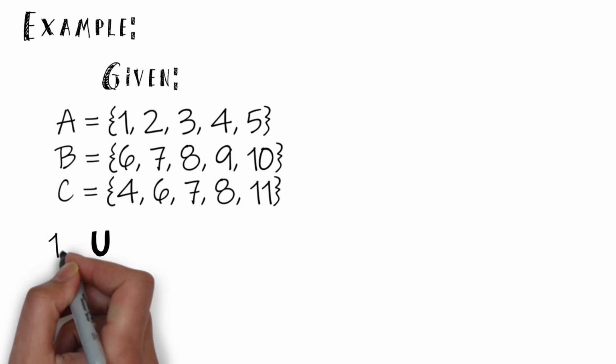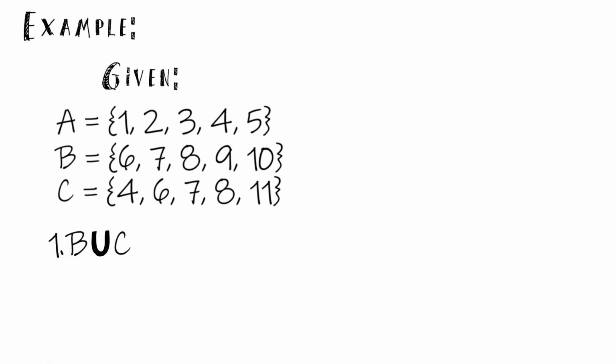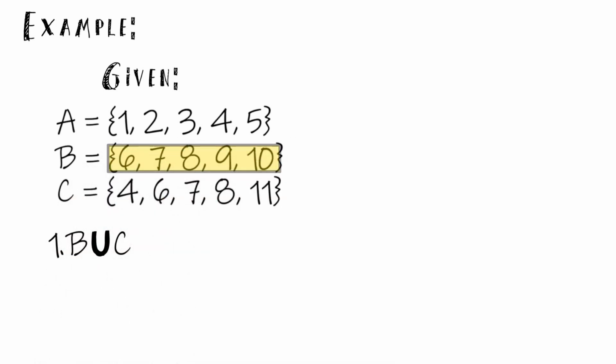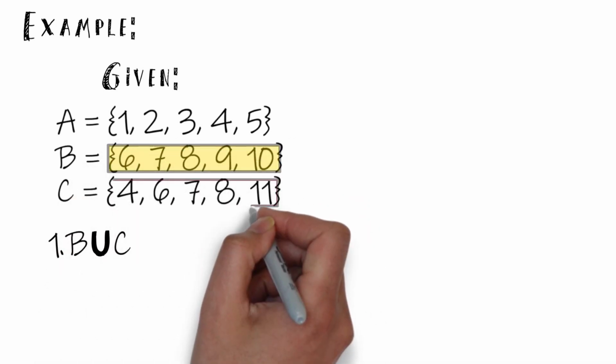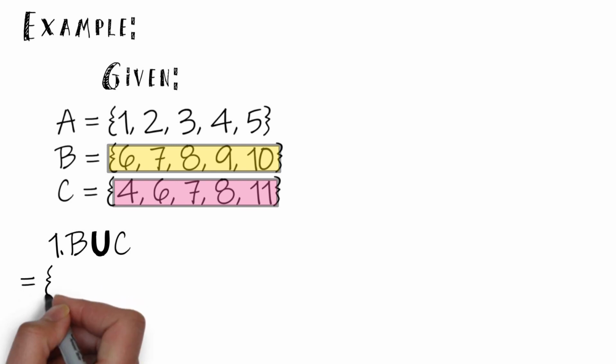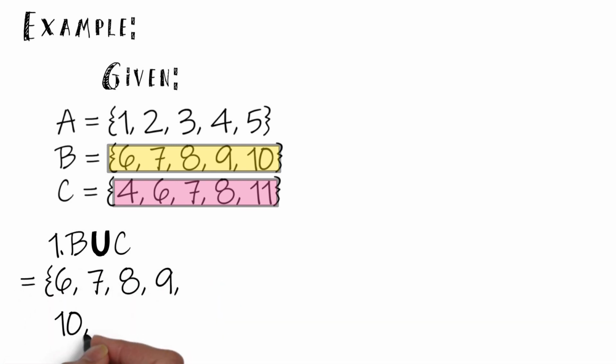So now let's have number 1, the union of set B and set C. So let's take all of the elements into consideration. But please be reminded, if there is a repetition of an element, just write them once. So the union of set B and set C would be 6, 7, 8, 9, 10, 4, and 11. So 6, 7, 8 was only written once.